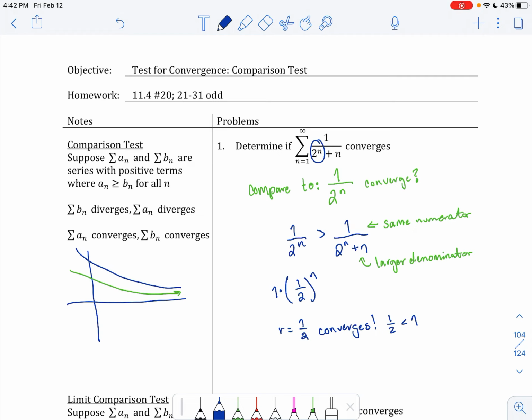So what that means is that the larger series here converges. And so since the series 1 over 2 to the n from n equals 1 to infinity converges, then the series from 1 to infinity of 1 over 2 to the n plus n also converges. So just comparing it.